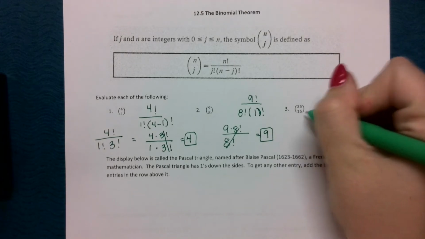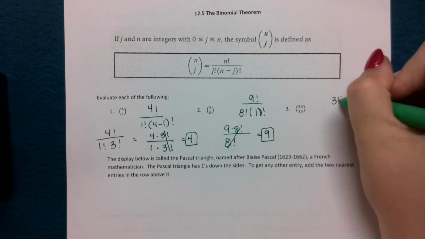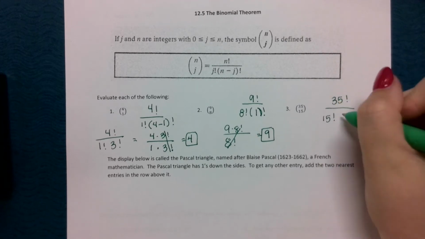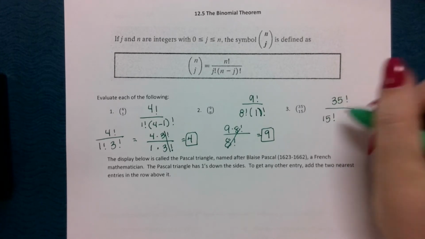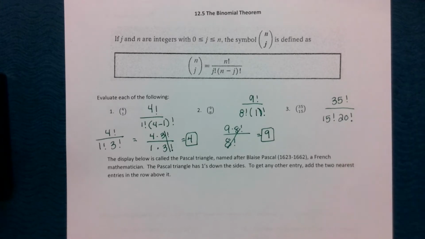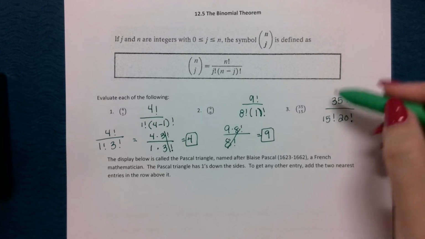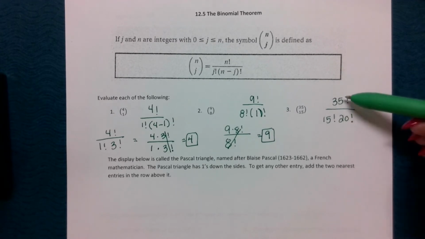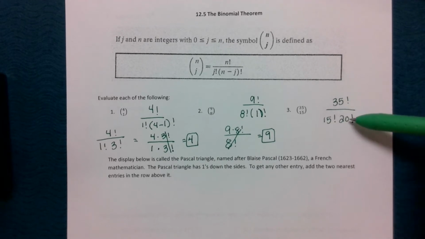Next, 35 choose 15, so 35 factorial over 15 factorial times (35 minus 15), which would be 20 factorial. 35 factorial could be 35 times 34 times 33, and so on, all the way down to 20 factorial, and then that 20 factorial could cancel out.